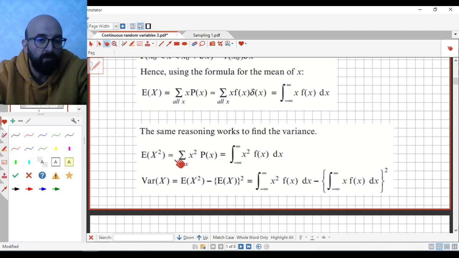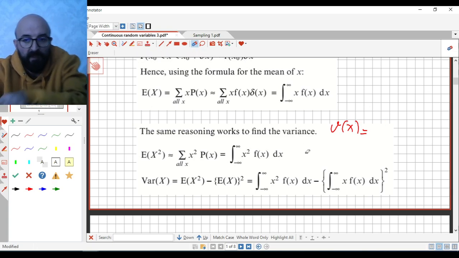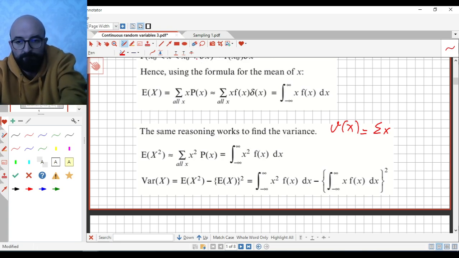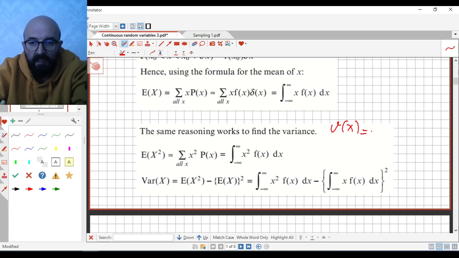And if we want to figure out the variance, please remember that our variance formula is the expectation of x square minus the square of the expectation of x.